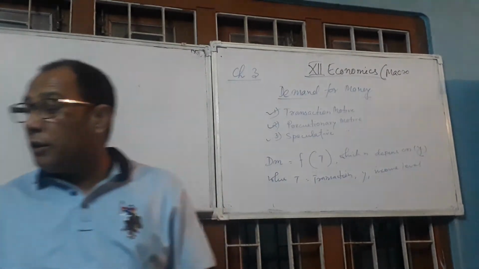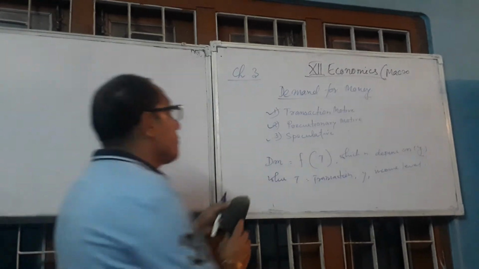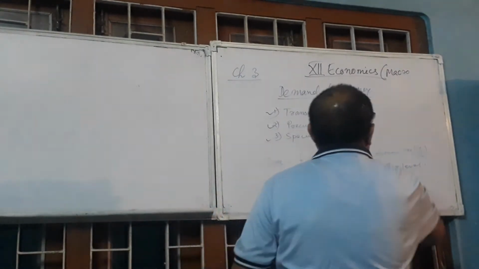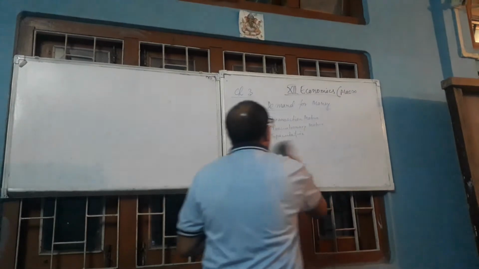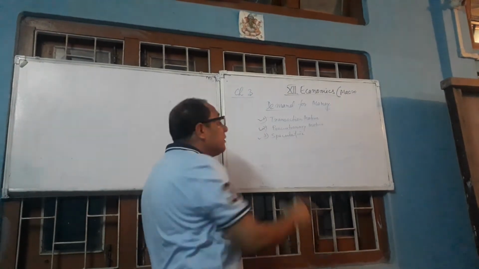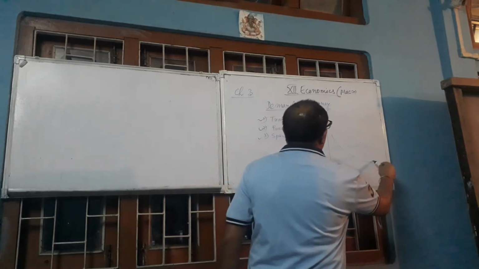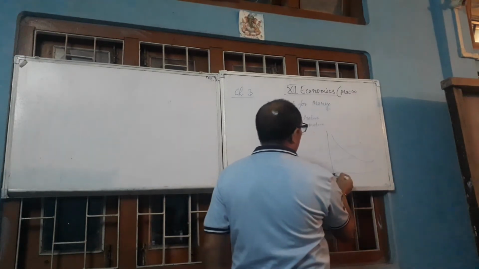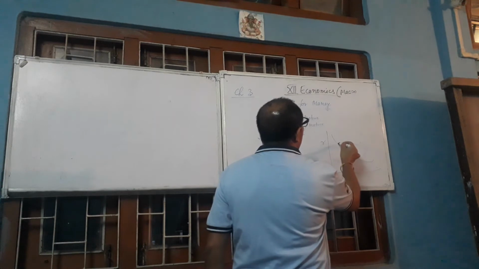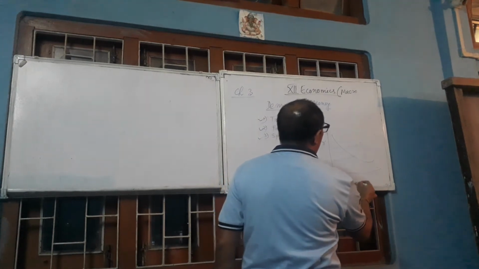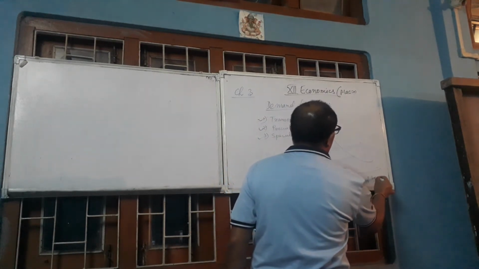This speculative demand for money depends on the rate of interest. I will show you with the help of a diagram. If the rate of interest is more, the speculative demand for money is less.